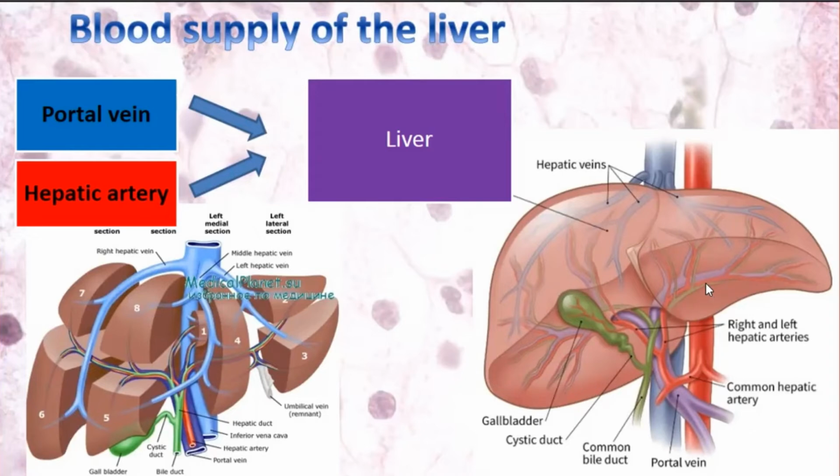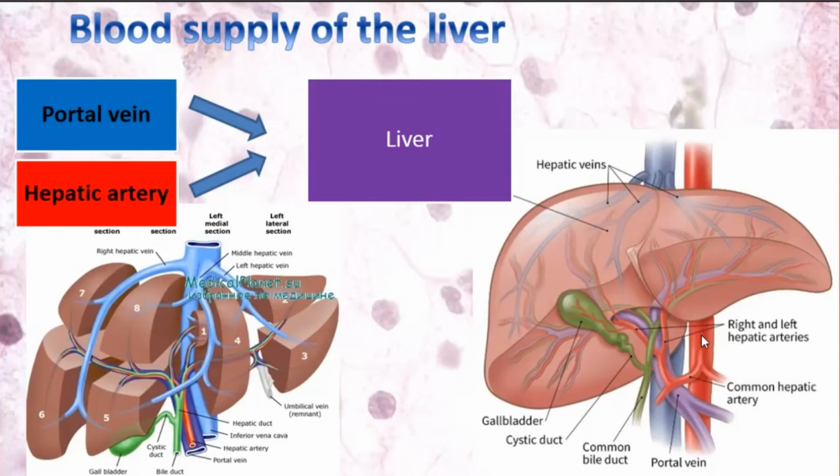But liver also needs arterial blood, not only venous blood from portal vein. It also needs arterial blood for own needs, for own nutrition, and also liver needs oxygen from arterial blood. So hepatic artery is the second source of the blood supply of the liver. It carries blood from aorta.